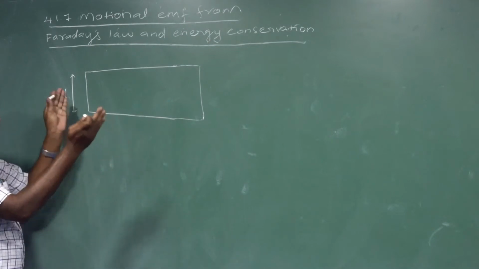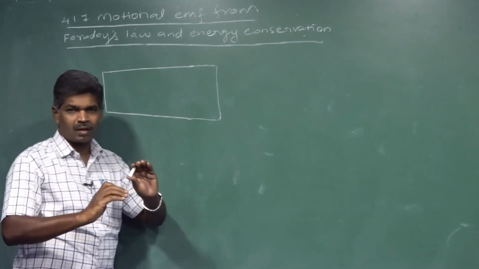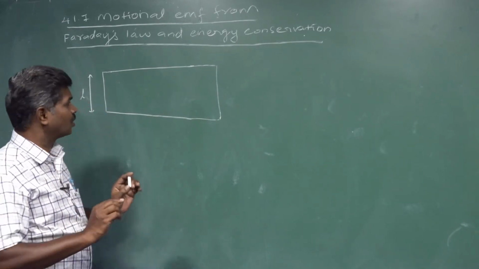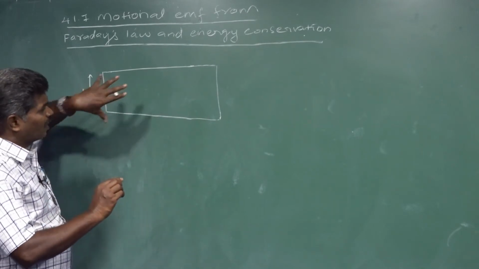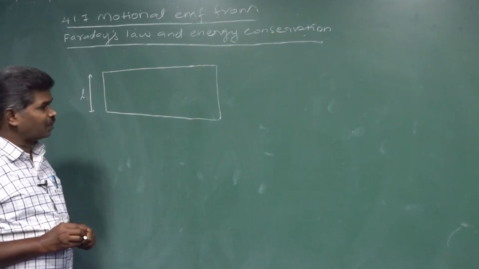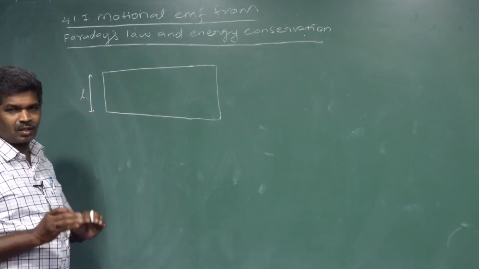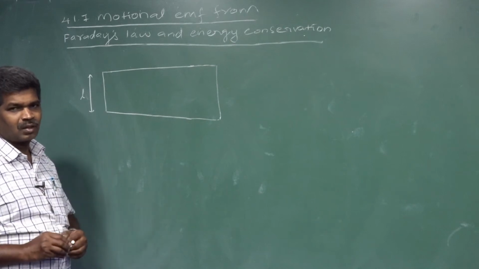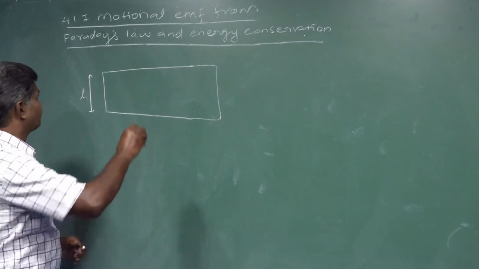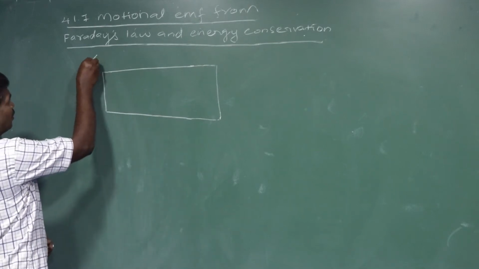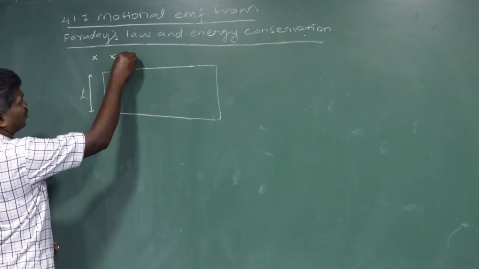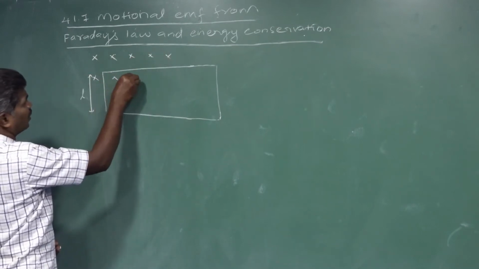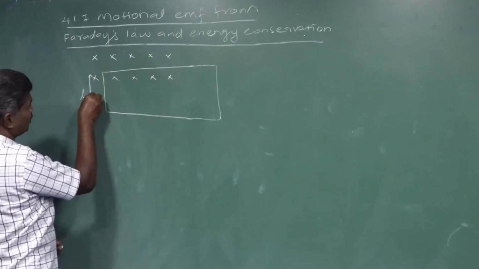This loop is going to be placed in a uniform magnetic field, and that magnetic field is acting inwards to the plane of the board. How can we mention the inward direction? With a crossed symbol. That's why the crossed symbol is used for mentioning the inward magnetic field, which has a certain strength.